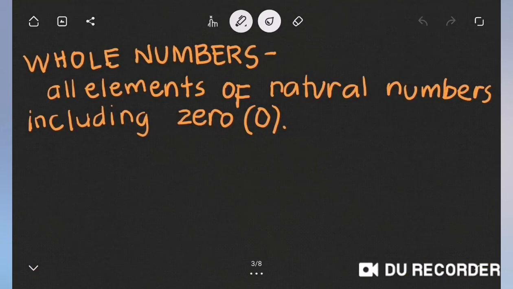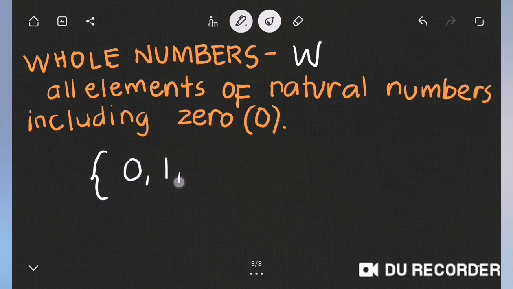Okay, the next one is what we call the whole numbers. These are also natural numbers, but this time it includes 0. Usually this is denoted by capital letter W, and some of the elements of whole numbers, of course, we have 0, 1, 2, 3, 4, and so on.